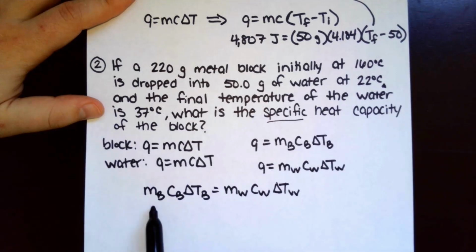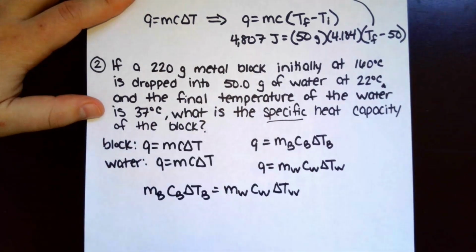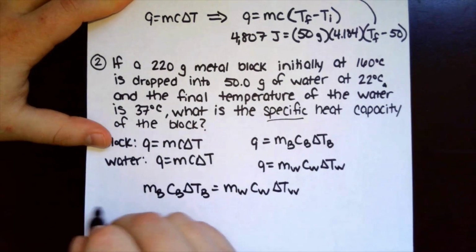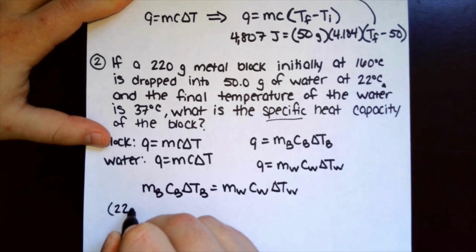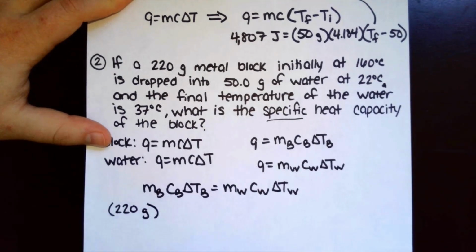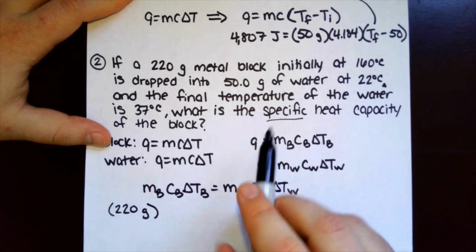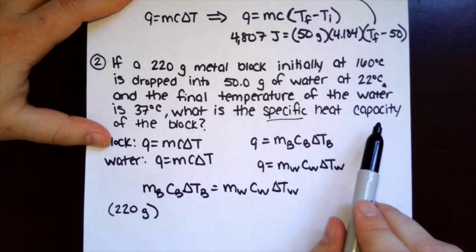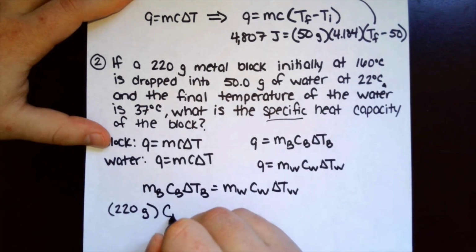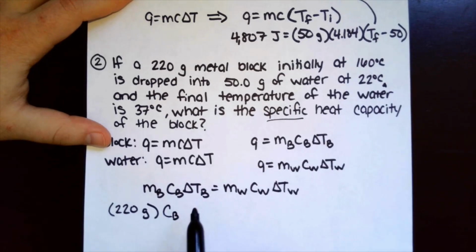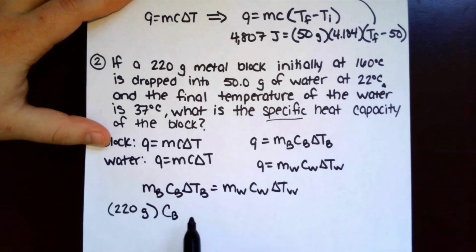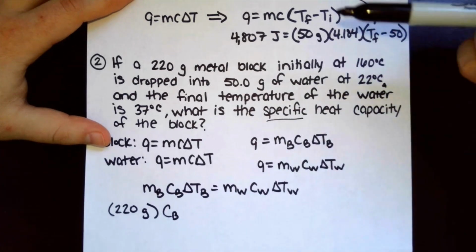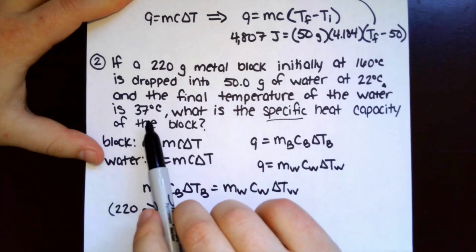Okay, we know the mass of the block right here. So we've got 220 grams. We are looking for this, right? It's asking what the specific heat capacity of the block is. So we're looking for this value. We are not directly told the delta T of the block, but we are told the final temperature of the water.